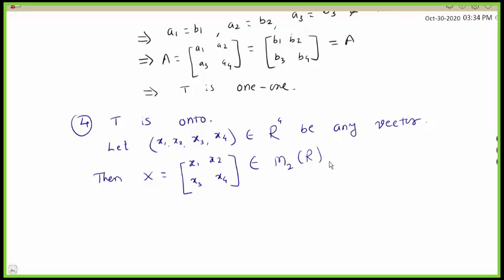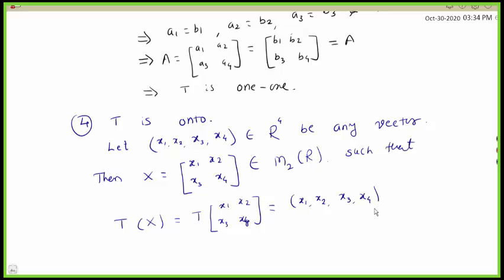This is a 2 by 2 matrix over R such that T of X is equal to (x1, x2, x3, x4).